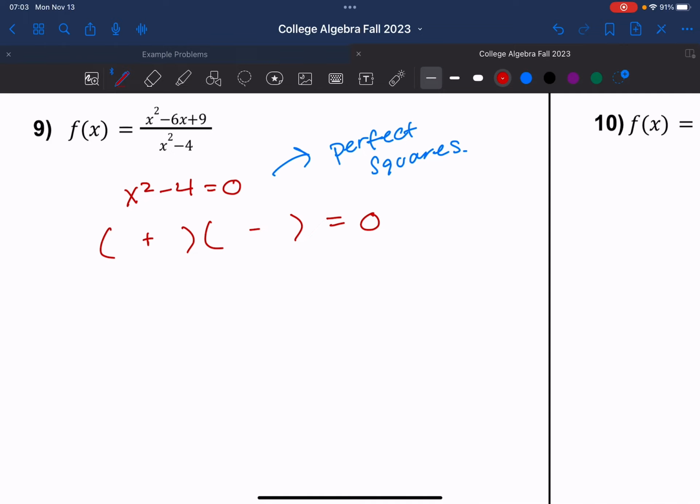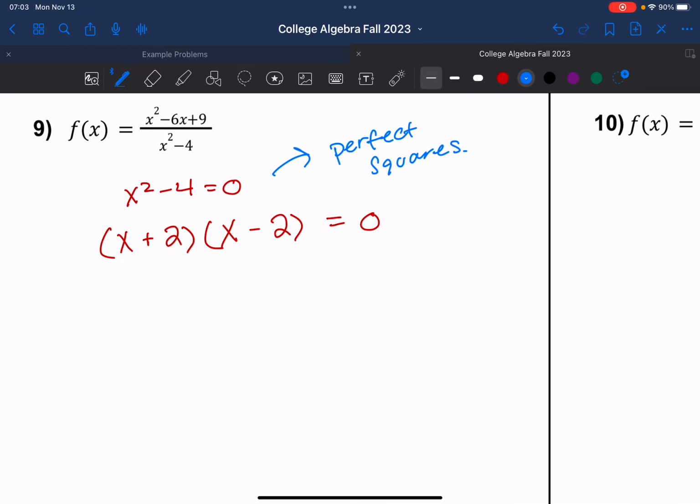And then we take the square root of the first term and the last term. So the square root of x squared becomes what? Good, becomes x because they cancel. So that means each one has an x. And what's the square root of 4? 2. So that means each one has a 2. Okay? That's how you factor perfect squares.